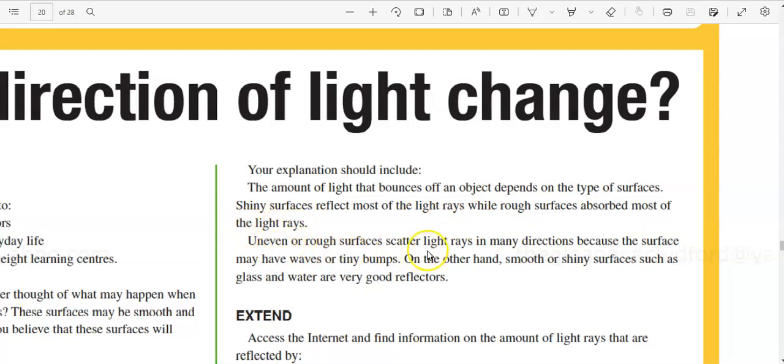Uneven rough surfaces scatter light rays in many directions because the surface may have waves or tiny bumps. So even a sheet of paper under a microscope, it appears smooth to us, but will have many tiny bumps on it. On the other hand, smooth or shiny surfaces such as glass and water are very good reflectors. Now when they say water, the water must be what?